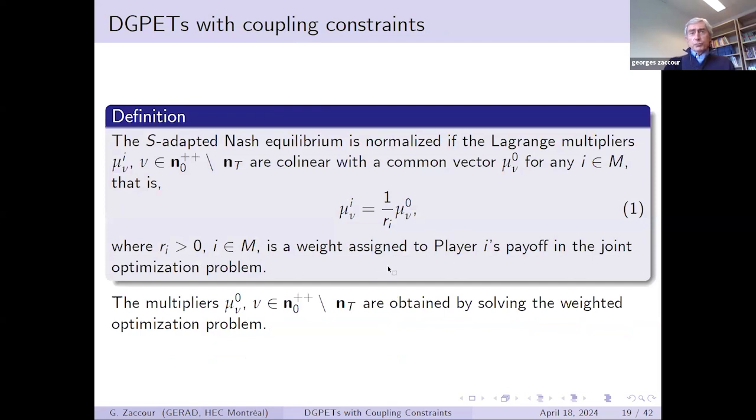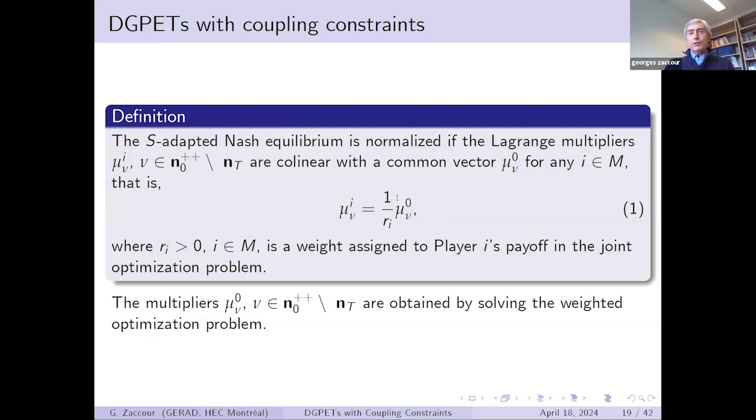Now, if I want to translate how it works in the context of a dynamic game played over an event tree, I will have the following definition. The S-adapted Nash equilibrium is normalized if the Lagrange multipliers, at any of the coming nodes, are collinear with a common vector, mu not, for any player I, such that we have this condition.